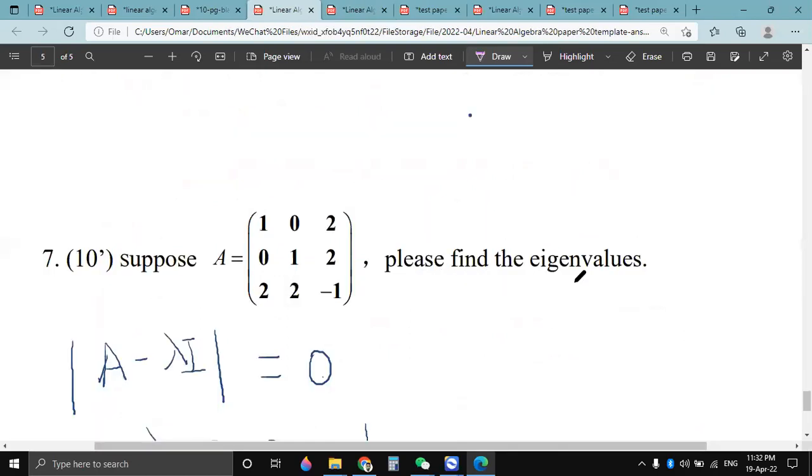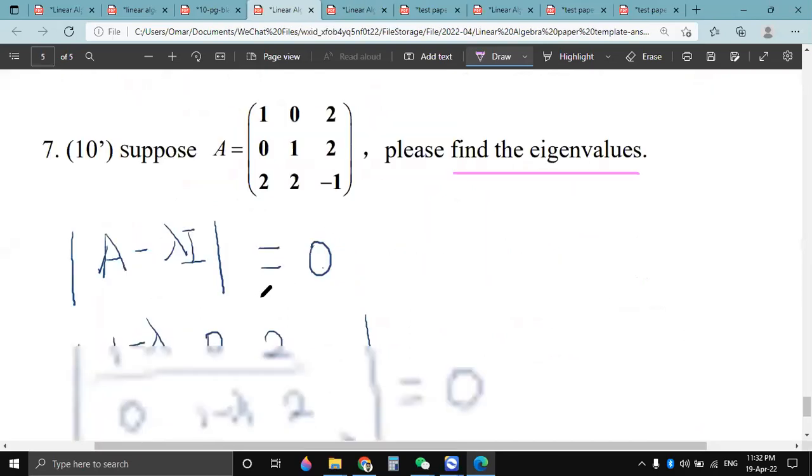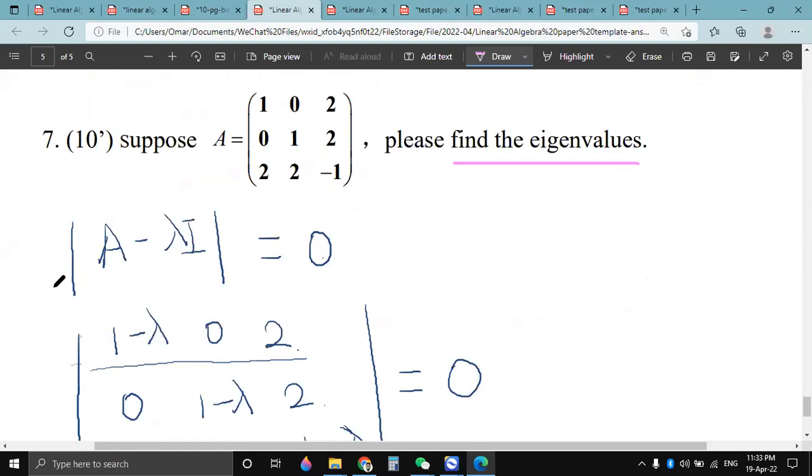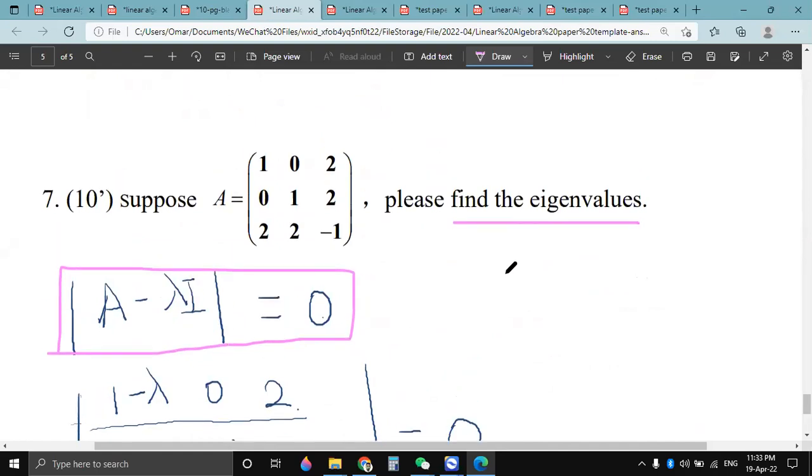And let's see the last question here. We have to find the eigenvalues, right? So the formula is the determinant of A minus lambda I is equal to 0, okay? Lambda I means, for example, this is a 3 by 3 matrix, right? So lambda I will be this way.